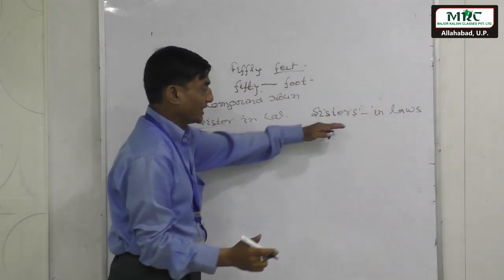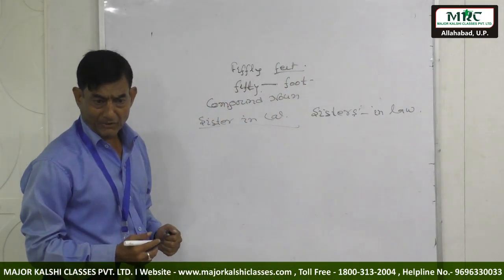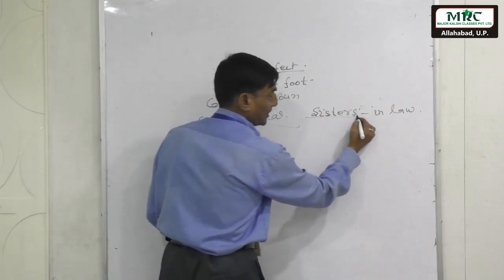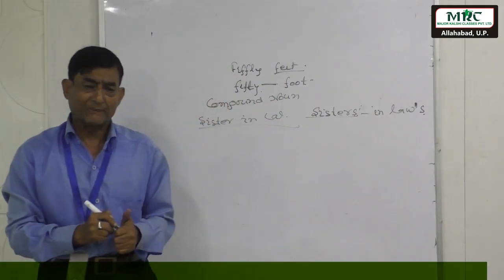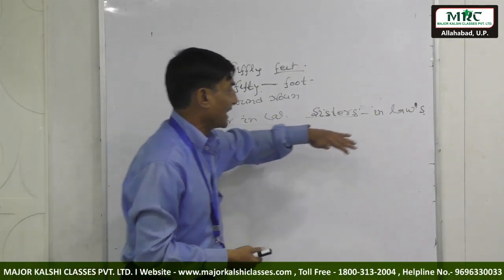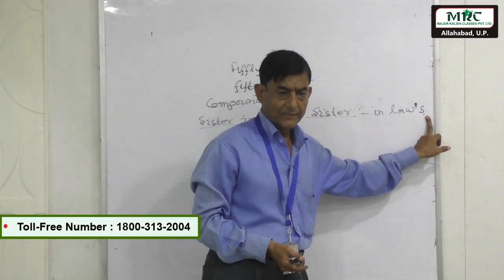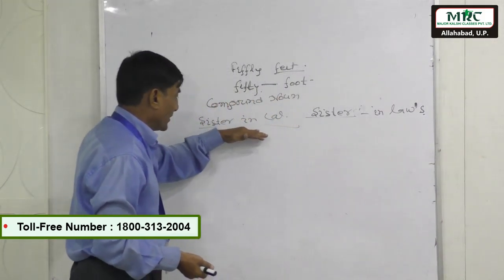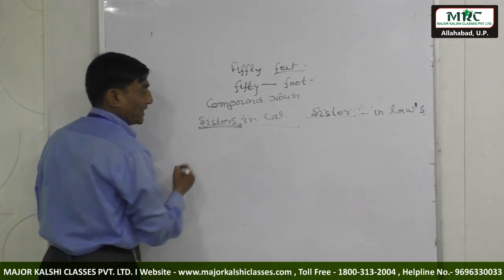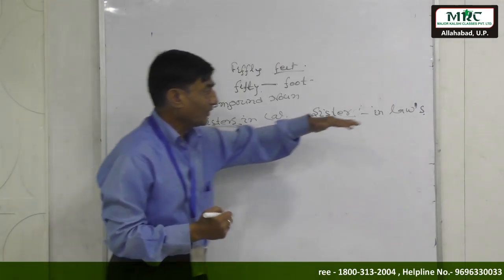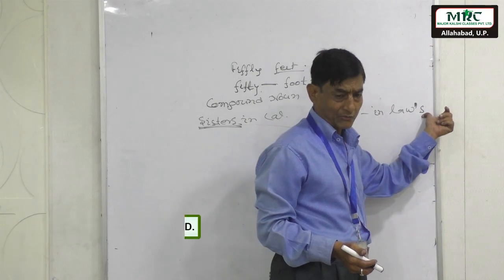The plural will be used in this way, and if we have to use apostrophe s, we cannot use it with the first word. We have to use apostrophe s at the end. If I have to say that I stayed in the house of my sister-in-law, I have to say that I stayed in the house of my sister-in-law's. But if we have to make the plural of this, we make the main word of the compound noun plural. But we have to use apostrophe s with the last word of the compound noun.